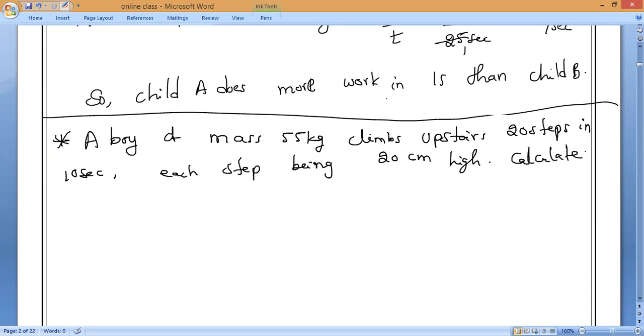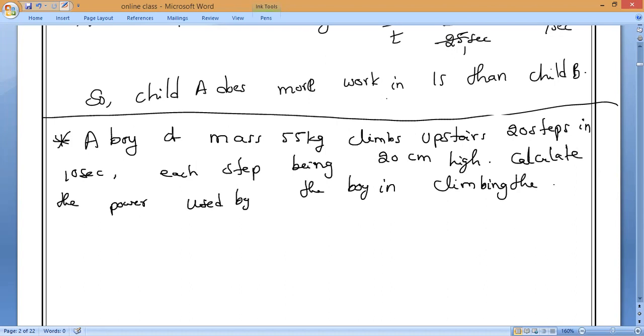Be very careful and solve. Everybody must try. Calculate the power used by the boy in climbing the stairs. Use g equals 10 meter per second square.